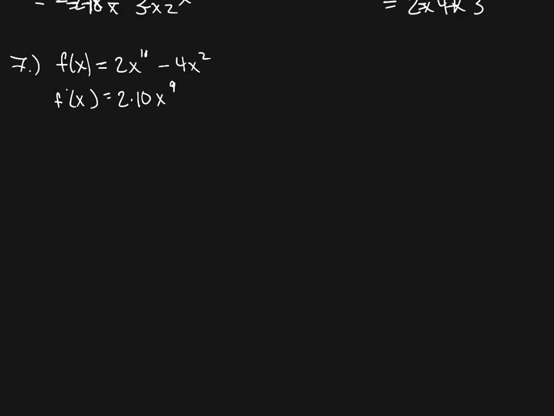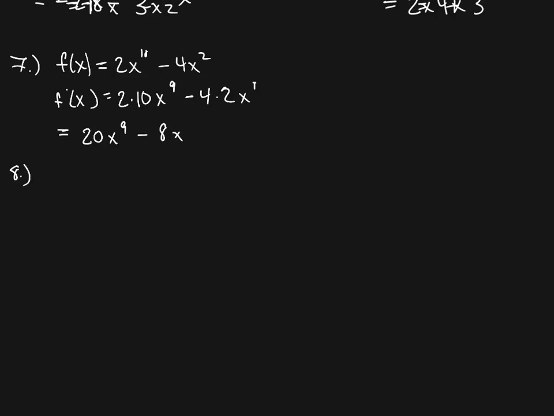I'm going to go ahead and skip that, bringing the power down by 1 each time. Minus 4 times 2x to the 1. So then our derivative is equal to 20x to the 9 minus 8x. So that's the answer for problem 7.